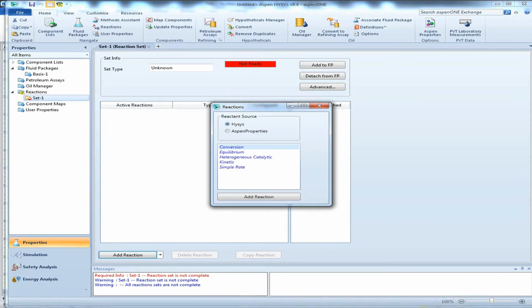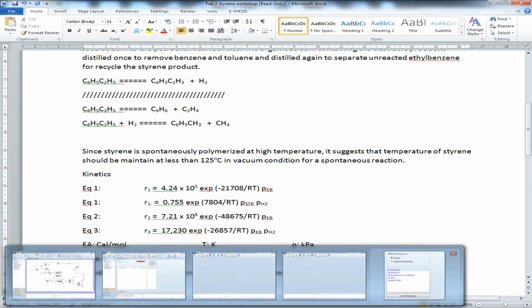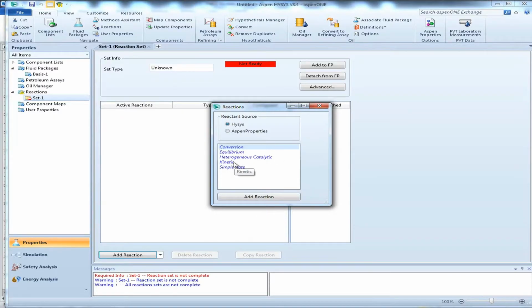Based on what we have here, the expressions look like kinetics, so we prefer to use that. We have 3 reactions.